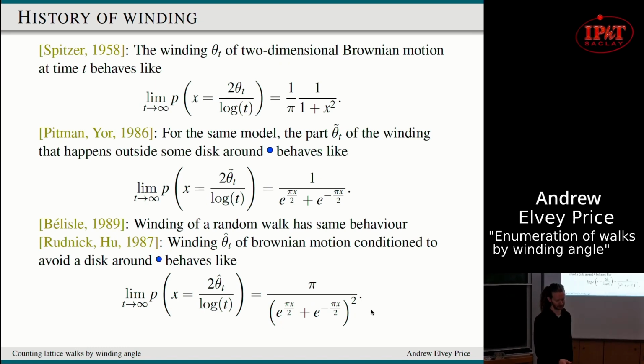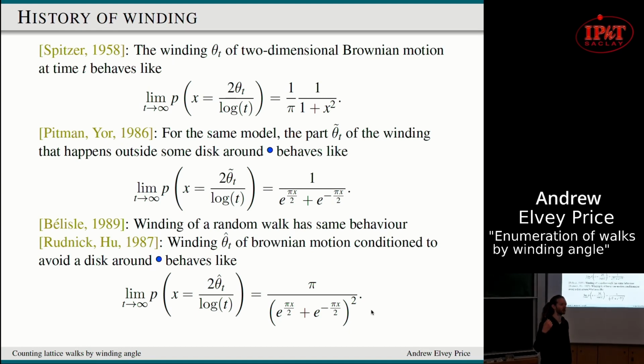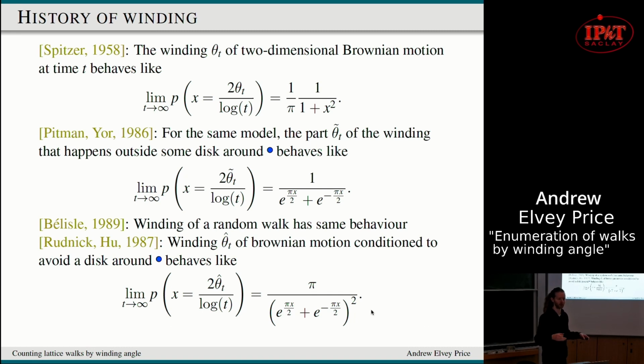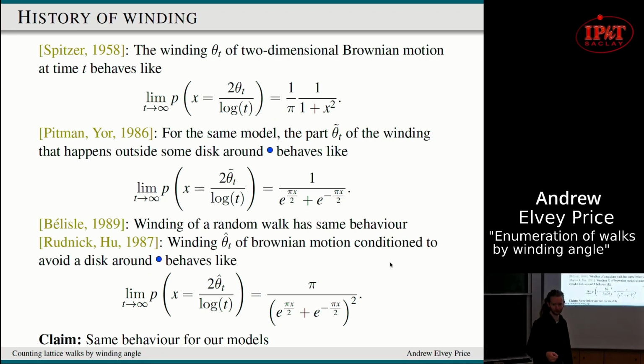Intuitively, the reason is that when you condition to not pass through the rod, that forces the walk to be somewhat far away from the rod in general. And so the claim is that the behavior of our models is the same as this last case, because we're going to force the walks not to pass through the origin.